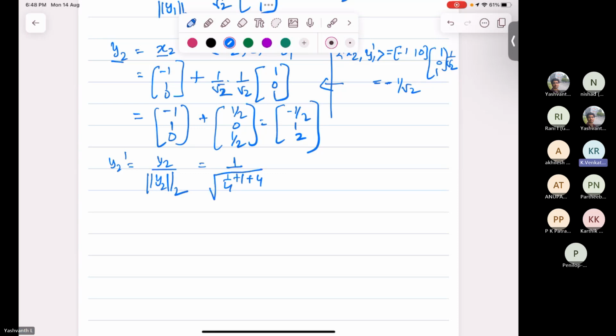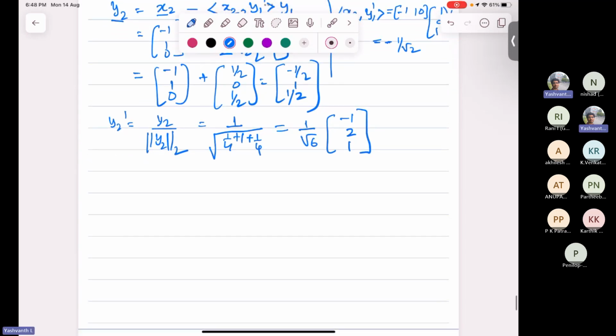Yes, it is 1 by root 3 over 2, the last element is 1/2. Okay. So this is the same as 1 by root 6 times (-1, 2, 1). Okay.